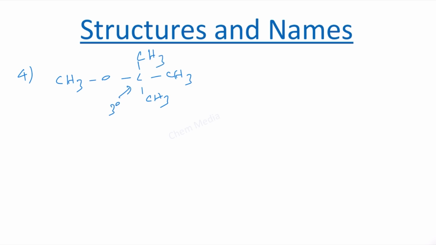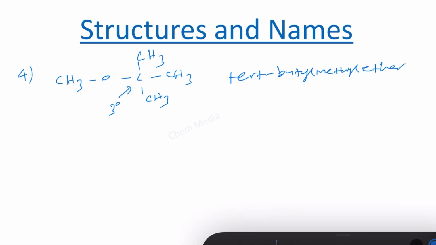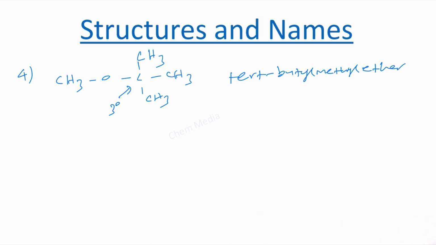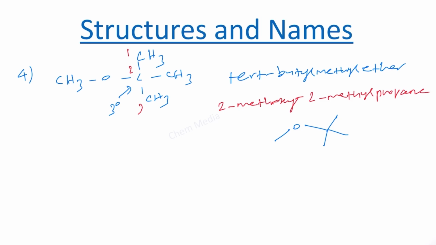This is a tertiary carbon, therefore this is tertiary butyl methyl ether, that is the common name, and the IUPAC name is, let's number it 1, 2, 3. 2-methoxy-2-methylpropane, that is the IUPAC name, and the corresponding structure in bond line notation will be CH3O and then the tertiary carbon having 3 methyl groups.